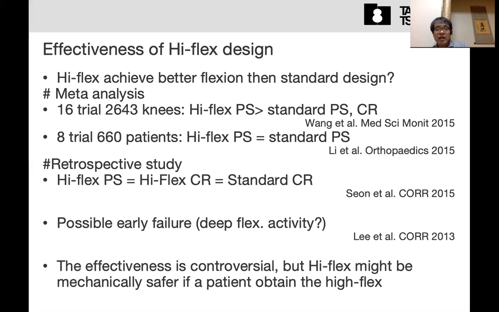So we can adjust the gap according to the component thickness. The NexGen had such variation of the component, but the current Persona doesn't have.